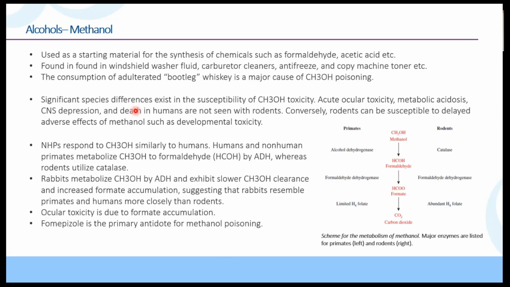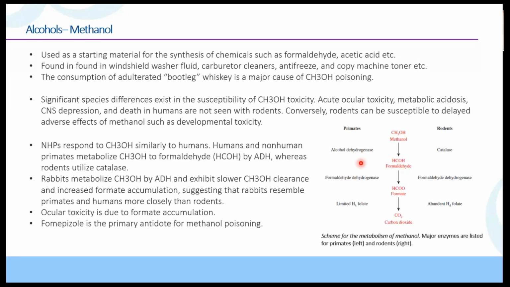Then, significant species differences exist in the susceptibility to methanol toxicity. Acute ocular toxicity, metabolic acidosis, CNS depression, and death in humans are not seen with rodents. So here on this slide, you can see the differences in how rodents and primates metabolize methanol, starting from methanol, the conversion to formaldehyde.